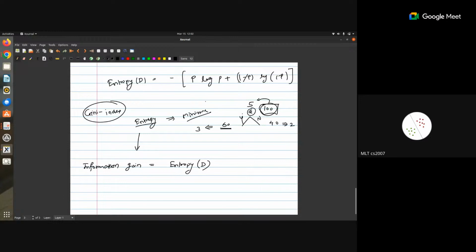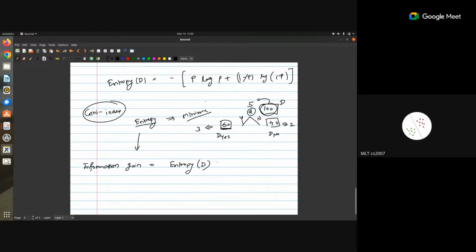Okay, so there is one term called information gain. What is that information gain? Let's say this is capital D. I'll say this as D_yes, which contains 60 data points, and D_no contains 40.